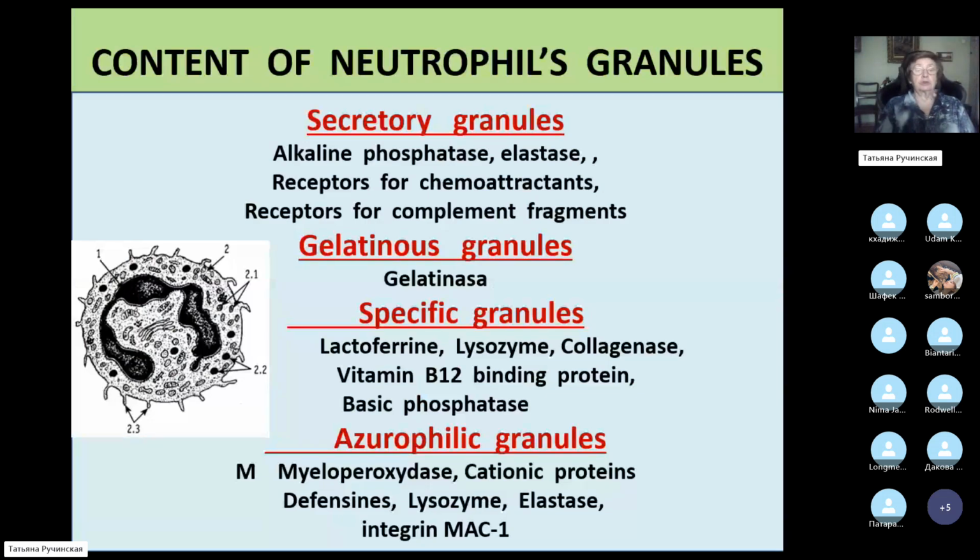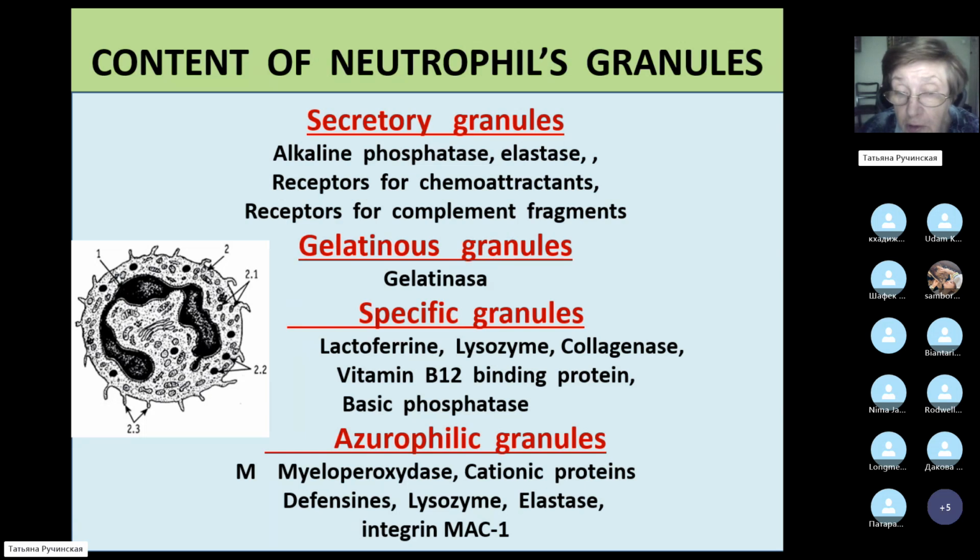Now there are some words about neutrophils. I think you all remember the saying that the neutrophil is the first line of our defense. Now, you see, there are very many granules in neutrophils, and in these granules there are a lot of enzymes.